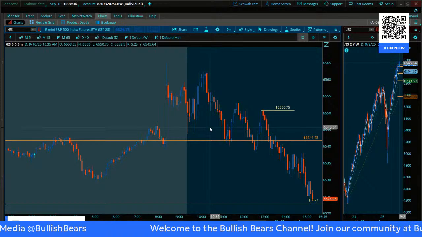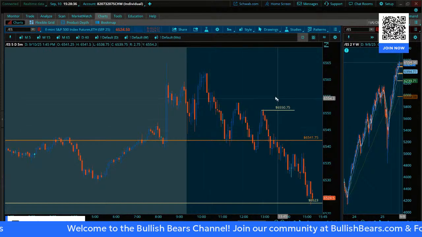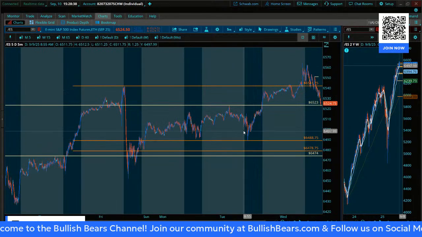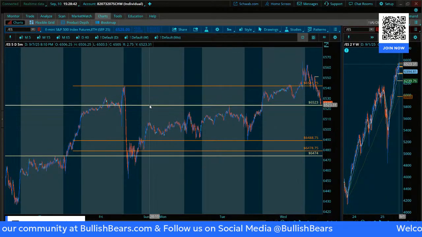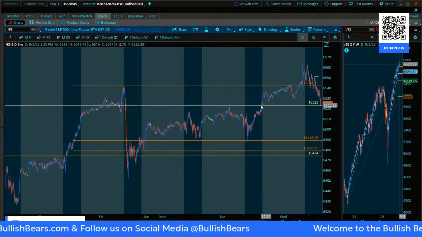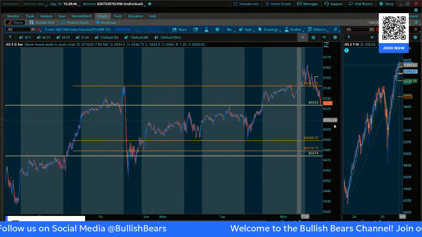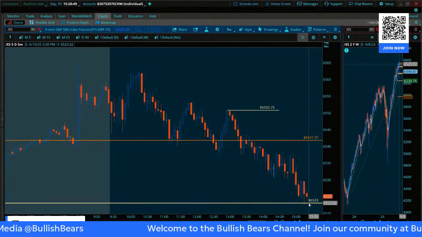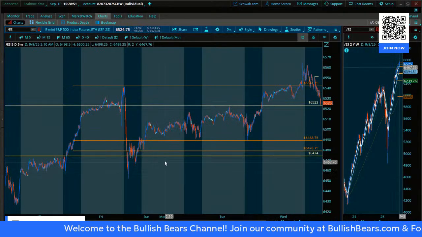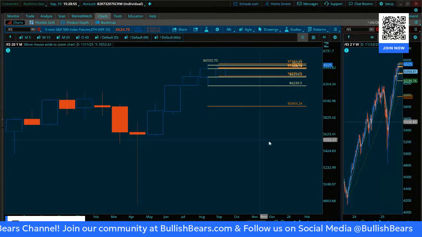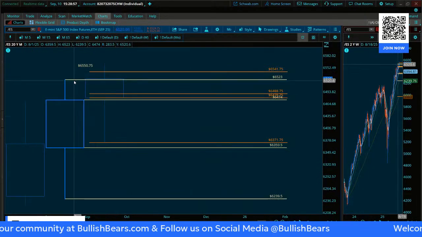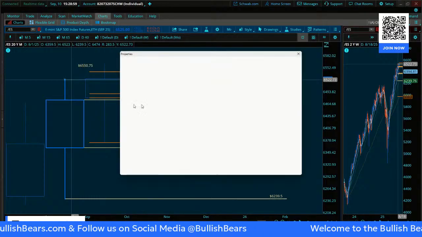All right. That yellow line is a monthly level and we're hitting it. That's a first touch play. Remember when I was out here on the monthly, we marked out that's last month's high.